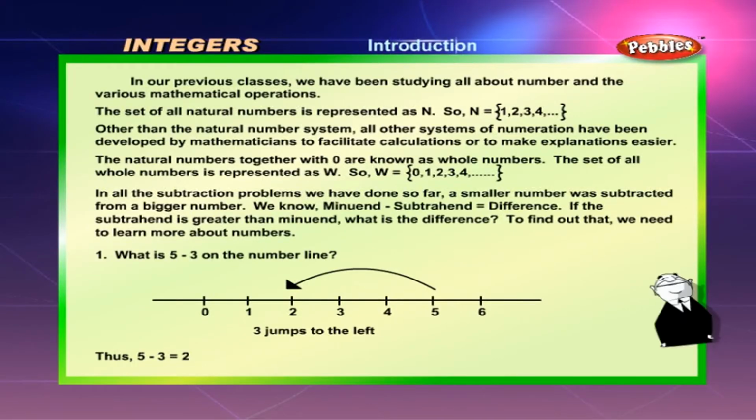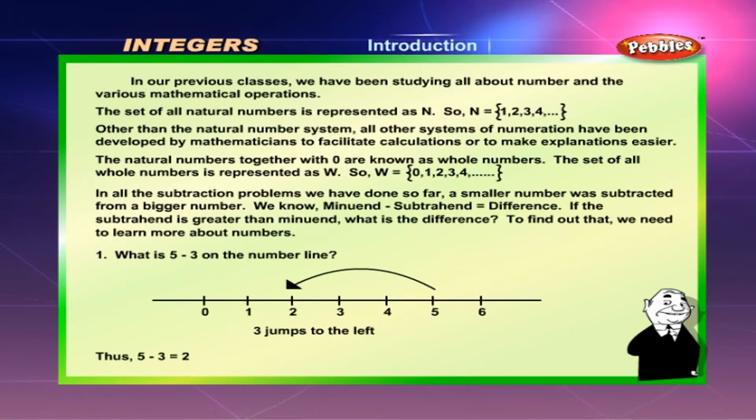Integers. Introduction. In our previous classes, we have been studying all about numbers and the various mathematical operations. The set of all natural numbers is represented as N. So, N is equal to 1, 2, 3, 4 and so on.